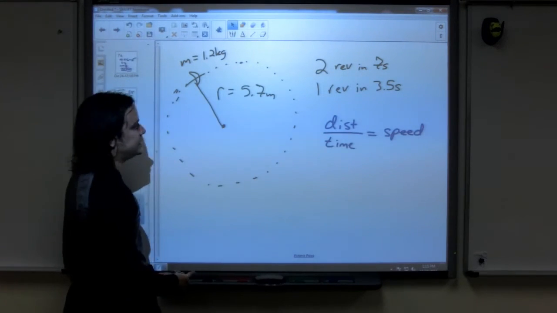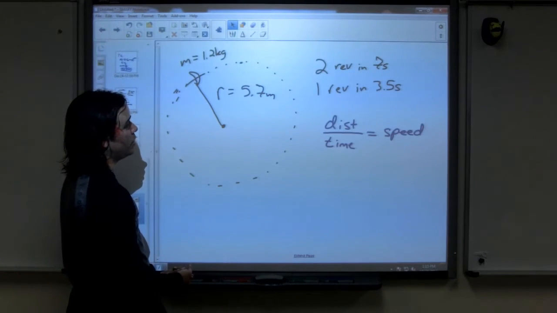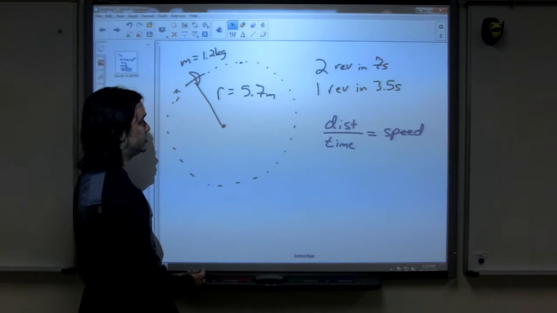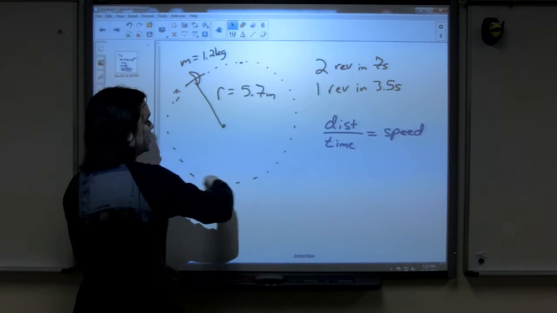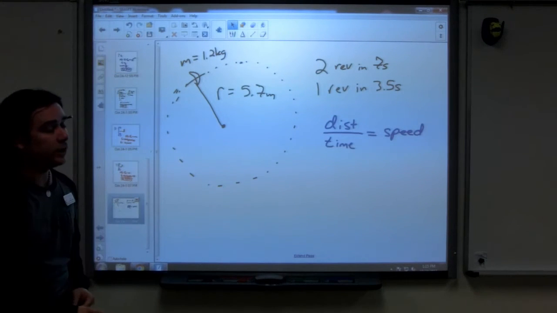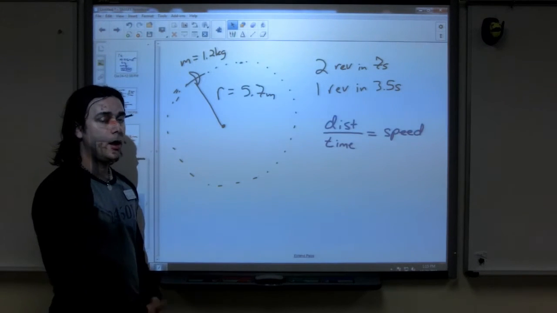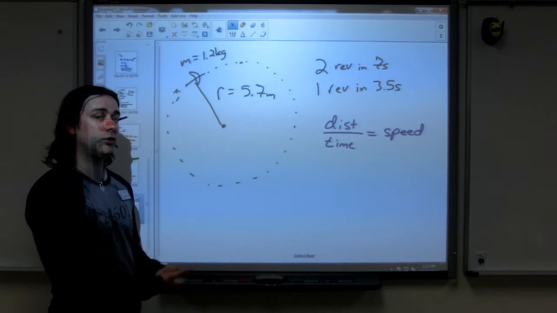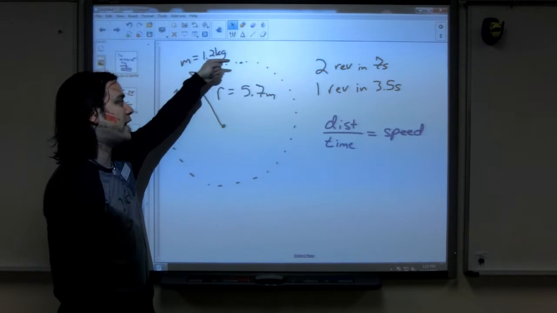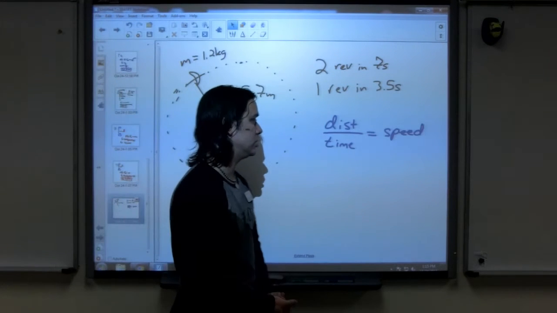The speed is not actually going to change. It's not going to go up, not going to go down. Our velocity is going to be changing the entire time because it's constantly changing direction. We do have an acceleration here, but that acceleration is changing the velocity by changing its direction. That means our speed is actually going to stay the same.